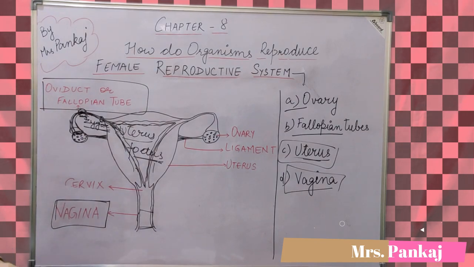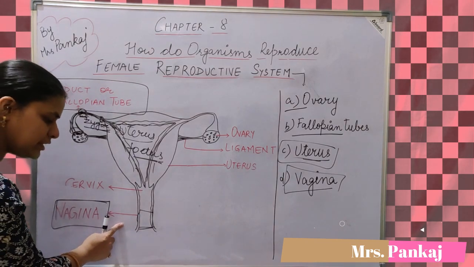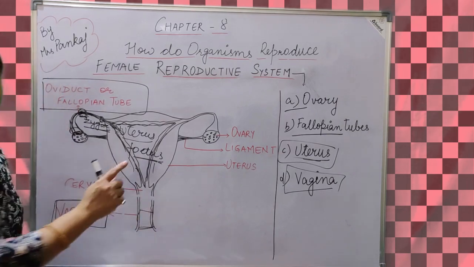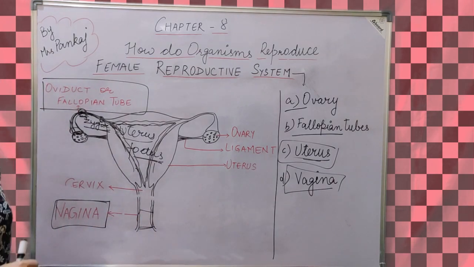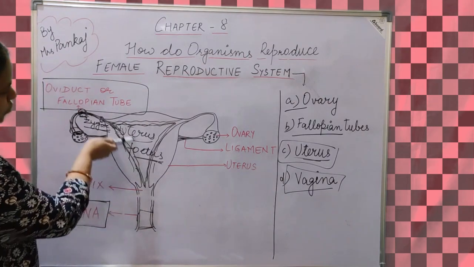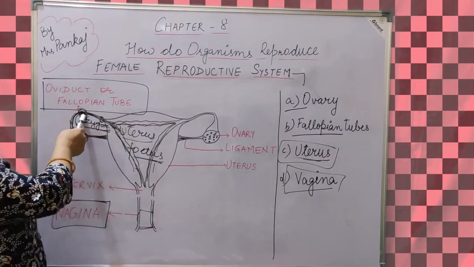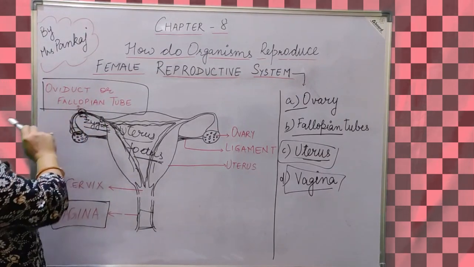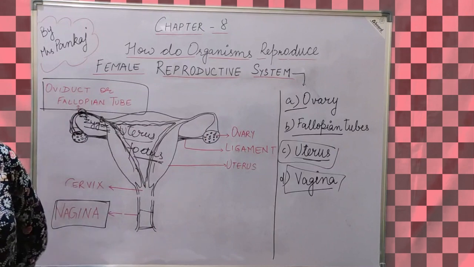It consists of elastic tissues, and it is well adapted to receive the sperm at the time of intercourse. The sperm released here will move to the fallopian tube where the egg is waiting, and they fuse with each other and the process of fertilization occurs.